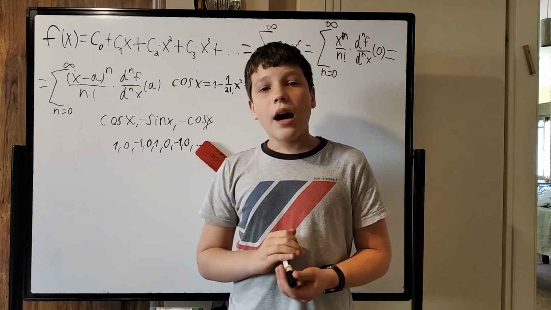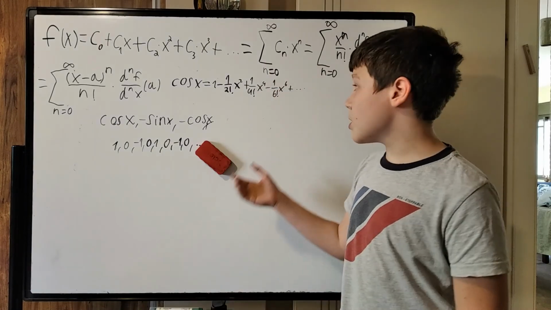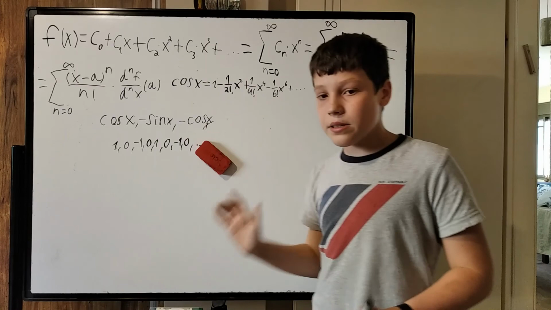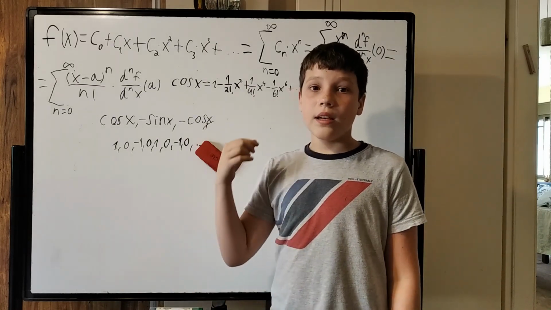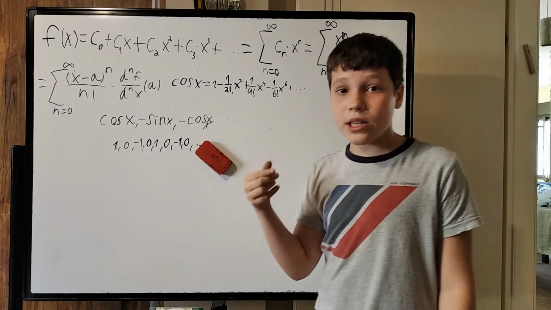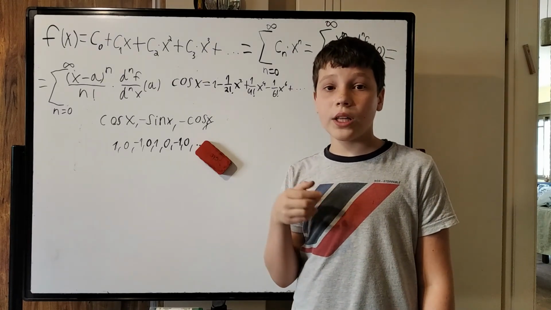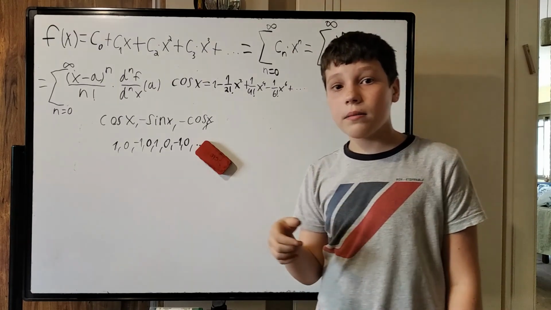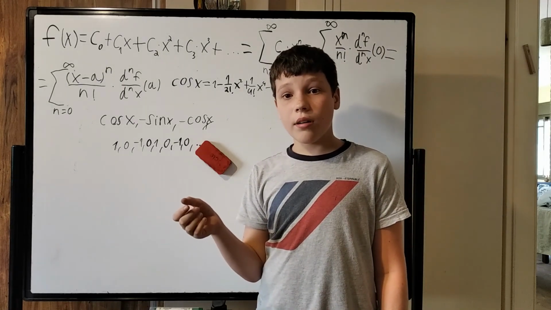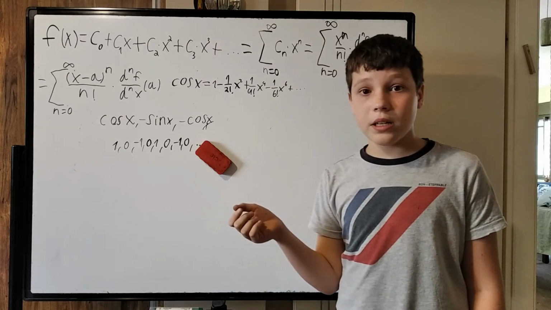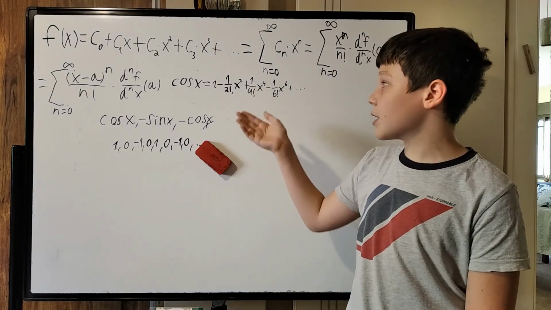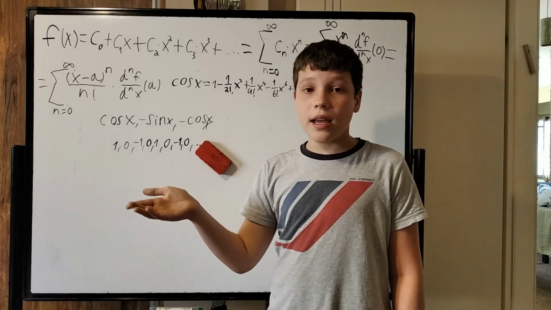Calculators use 5, 7, at absolute max 10 terms of these infinite sums to get very high precision for the value of sine and cosine.